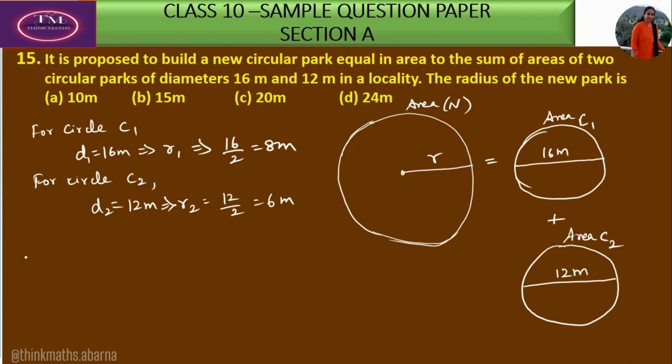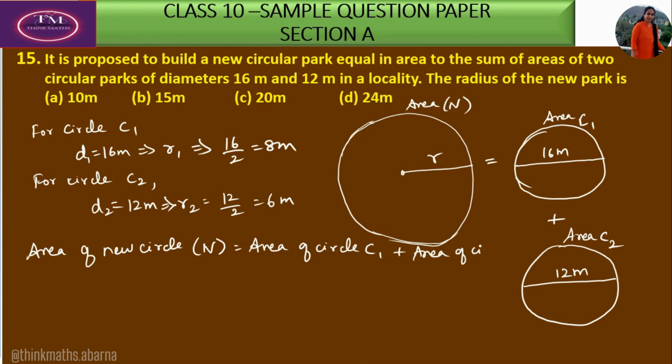So what is given? Area of the new circle, which we denoted as N, is equal to area of circle C1 plus area of circle C2. Area of the circle is pi r square.